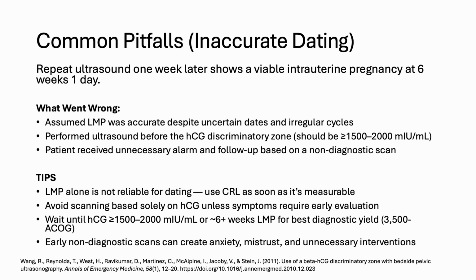And even ACOG says that when you're possibly doing something to resolve the pregnancy, the discriminatory zone is above 3,500. So we want to be very conservative on our HCG levels before we tell a patient that they've miscarried.